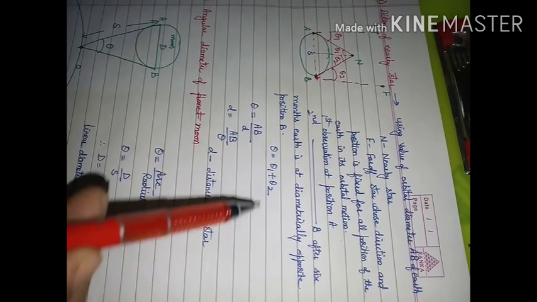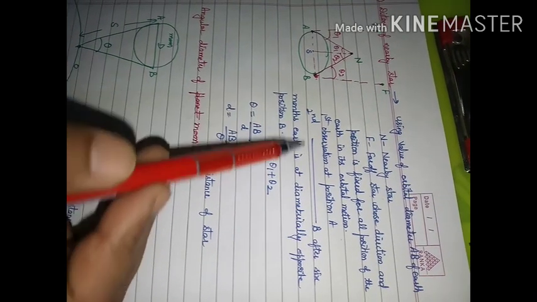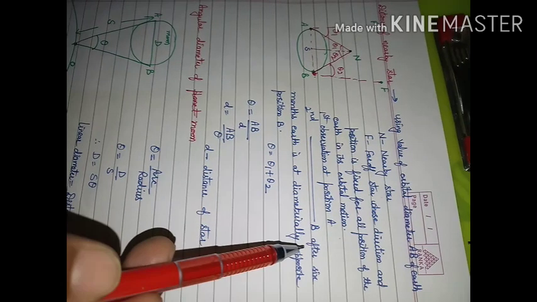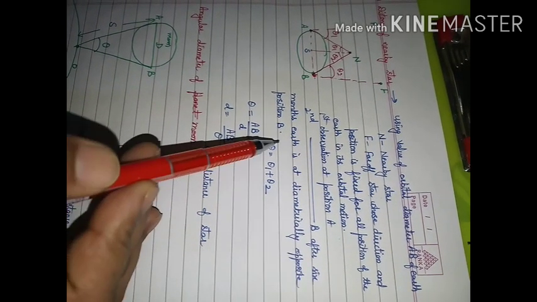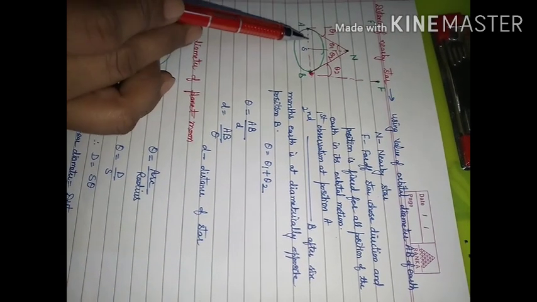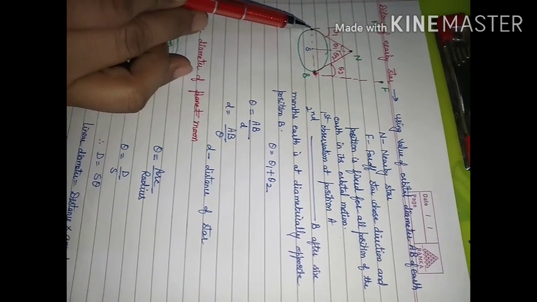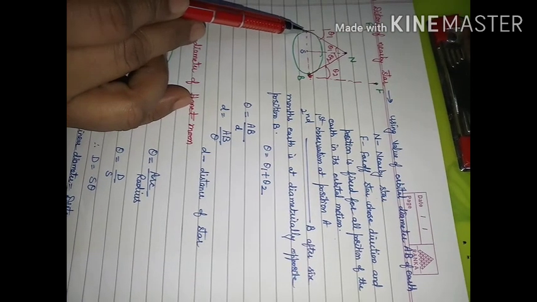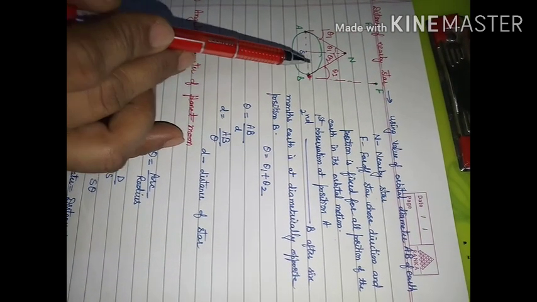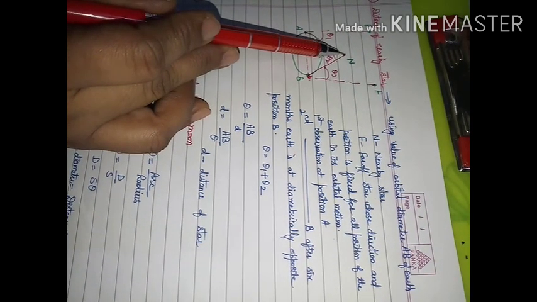Then we will go for the second observation. This we will take after 6 months. It means we will consider the orbital diameter. First our position is here. After 6 months we will come to this end of the diameter. Then we will see the star again.